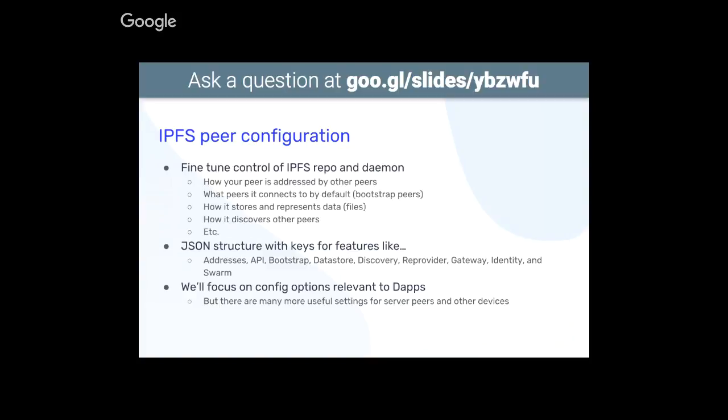You can tweak how the gateway interacts. It will store your peer's identity, which you actually don't have much control over, and how you interact with the larger IPFS swarm. Again, since we blogged about this before, we'll focus today mostly on configuration options that are relevant to decentralized apps, and then supporting those apps.